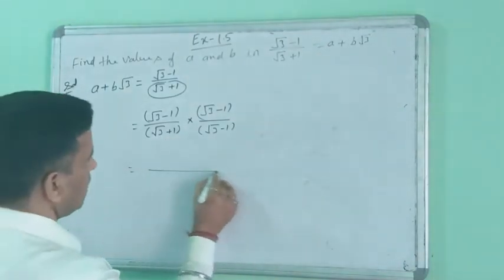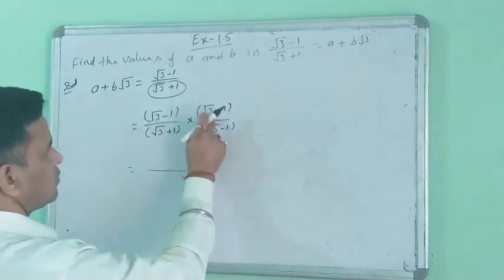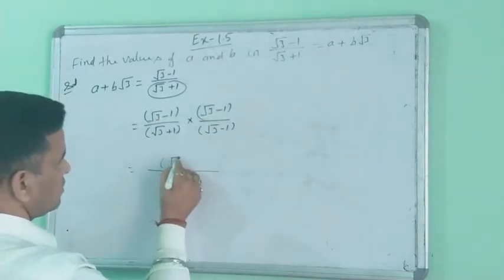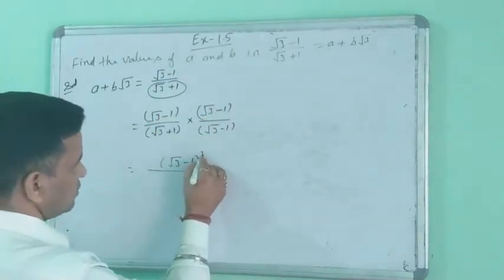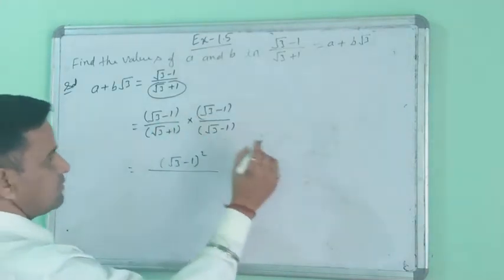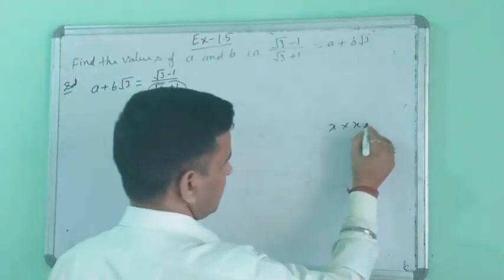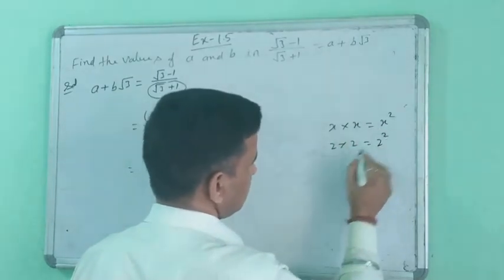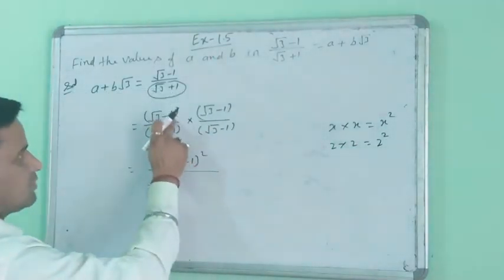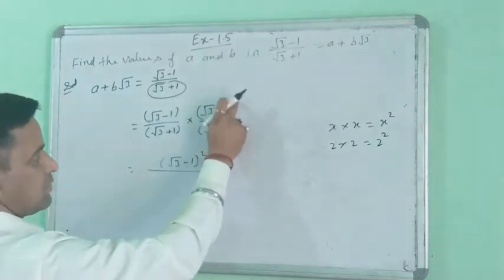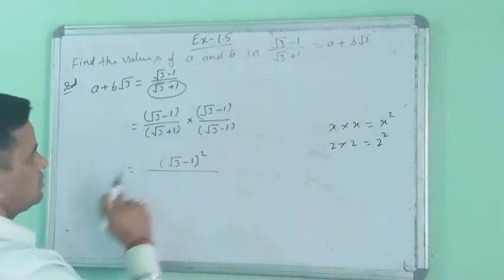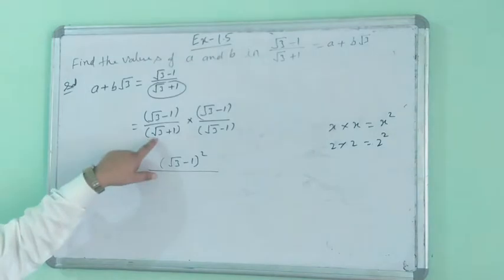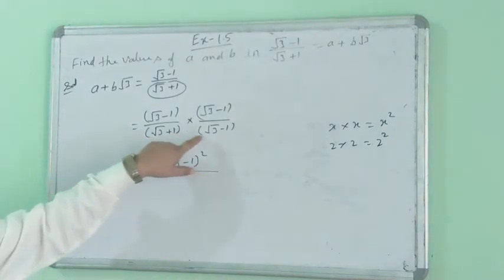So first of all, root 3 minus 1 times root 3 minus 1 is the whole square. Root 3 minus 1 means x into x. What is the value of this? x square. 2 into 2 means square of 2. The same thing, root 3 minus 1 with exponent 1, root 3 minus 1 with exponent 1, the powers will be added, so this power is 2. After that, we will write root 3 plus 1 and root 3 minus 1.